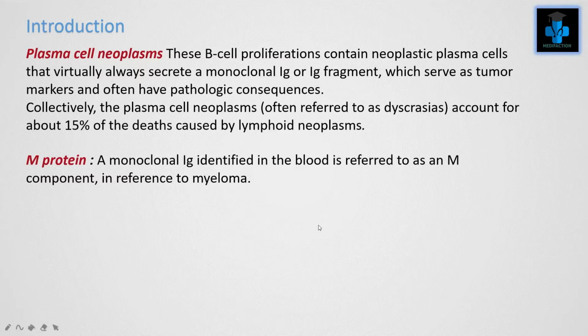Collectively, the plasma cell neoplasms, often referred to as dyscrasias, account for about 15% of the deaths caused by lymphoid neoplasms. M protein: a monoclonal immunoglobulin identified in the blood is referred to as an M component, in reference to myeloma.